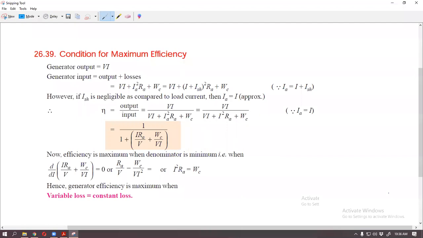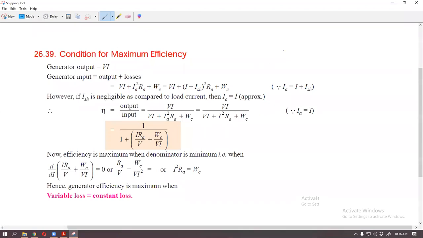Okay, this problem, condition for maximum efficiency. Okay, we are ready. All students, please use the notebook and note this down. This topic is condition for maximum efficiency.